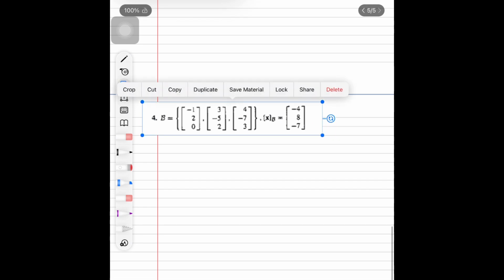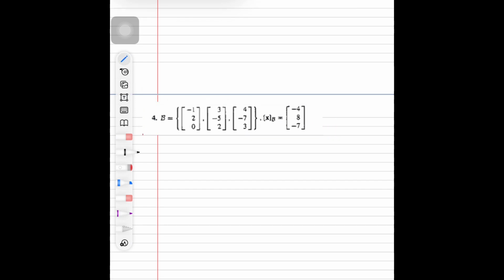So let's write down the vector p of b: -1, 2, 0, 3, -5, 2, 4, -7, 3. We have the coordinate vector x of b equals -4, 8, -7.